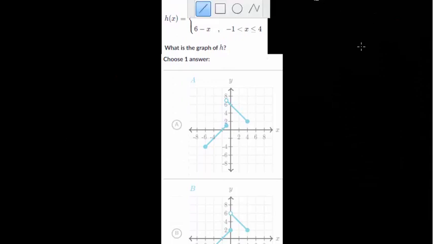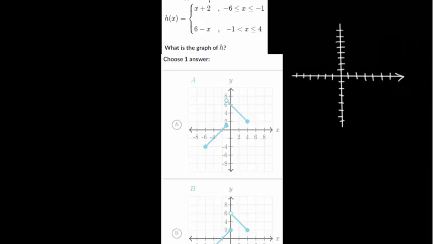Let me draw a coordinate axes. And we'll do the top equation of the piecewise function first, and I'll do it in green. So basically, I'm just going to plug in these x values on the interval. And both -6 and -1 are included in this part of the domain and will be a part of this line here. So if I plug in -6, then -6 plus 2 is -4.